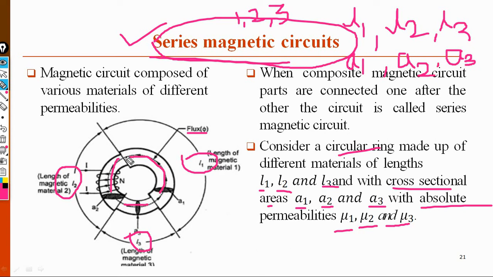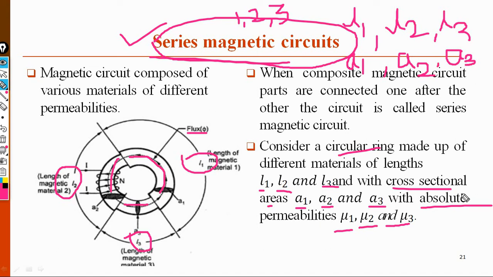The magnetic flux present in the circular ring depends on the lengths L1, L2, L3, the cross sectional areas A1, A2 and A3, and also on the absolute permeabilities mu1, mu2 and mu3.